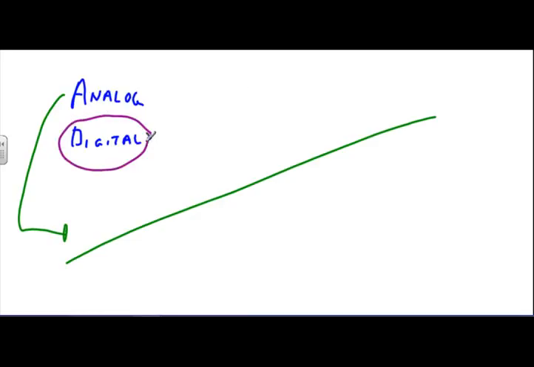A digital circuit can only be at one place or another. So I can be at a 0 or a 1 or a 2 or a 3 or a 4 or a 5, but I can't be at a 4.5.